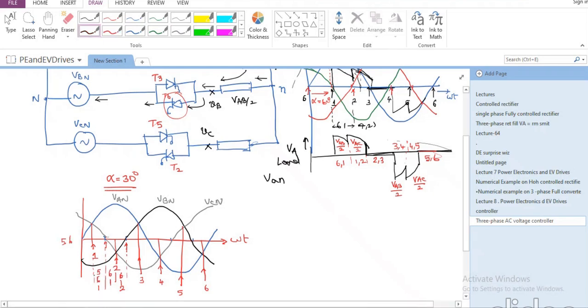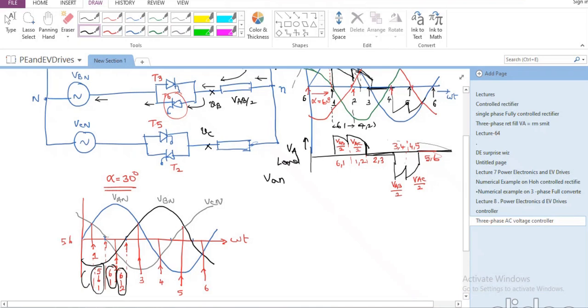So let me probably circle whatever I have written here. Sorry, let me just remove this here. So I can say 5, 6, 1 conduct here during this portion. And 6 and 1 only conduct during this portion. Whereas here it is 6, 1, 2.